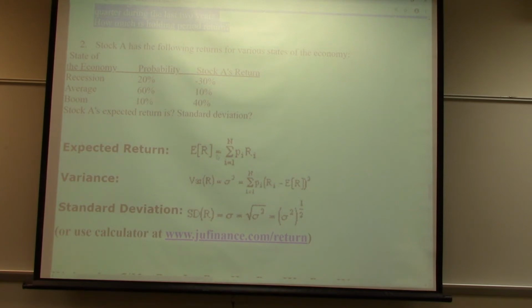Yeah, you just get the difference of the negative 30% minus the expected return, square it and multiply by probability, and do the second one and third one, and get the square root. Oh yeah, here. And then get the square root. That's your standard deviation.